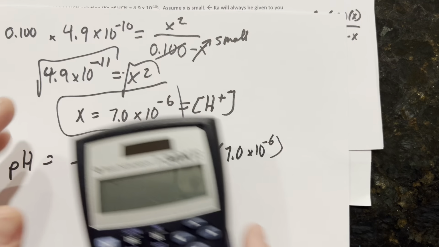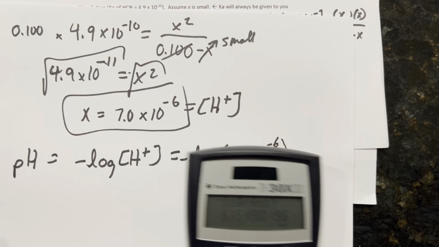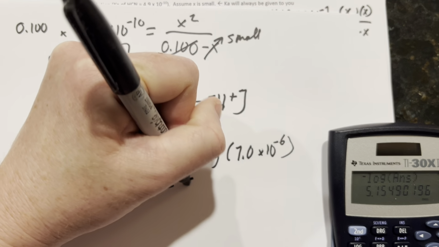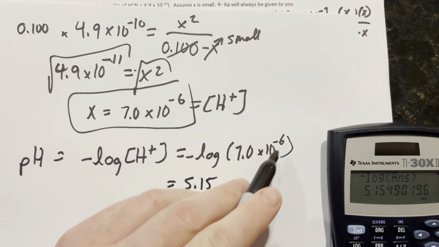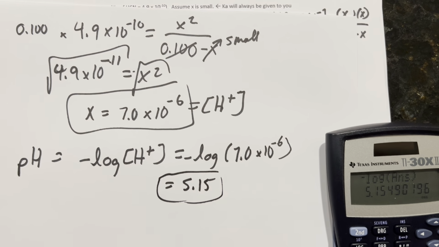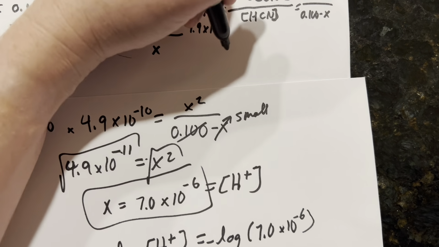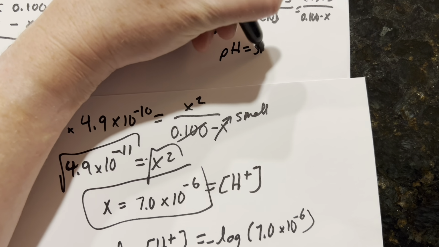I get an answer of 5.15, which again should be plus or minus 1 of that exponent. And we know that that is correct. Yay, team. So in this case, the pH equaled 5.15.